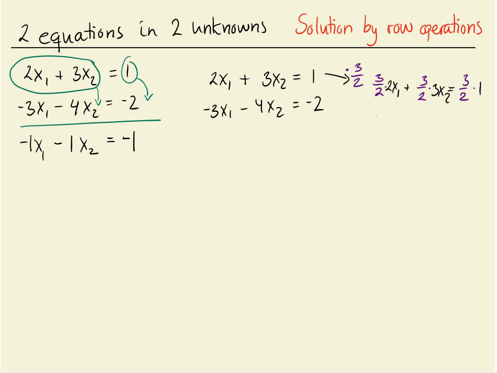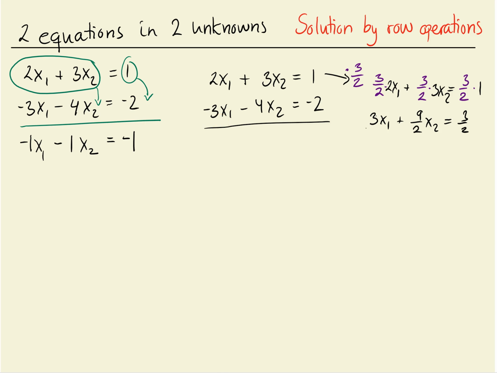So what I obtain is 3x1 plus 9/2 x2 equals 3/2. And now I'm ready to add this modified equation to the second equation over here, because now the first term of this equation will cancel out with the first term of this equation, and that's very fortunate for me.